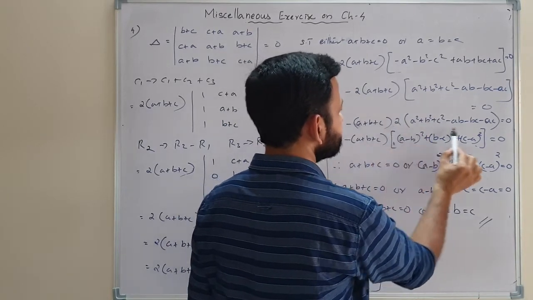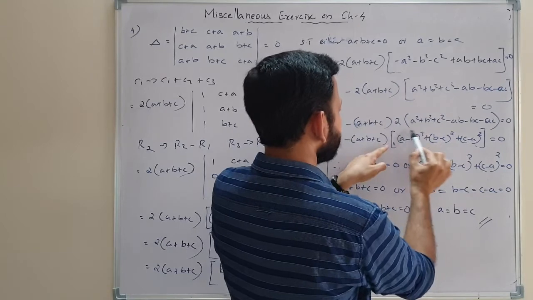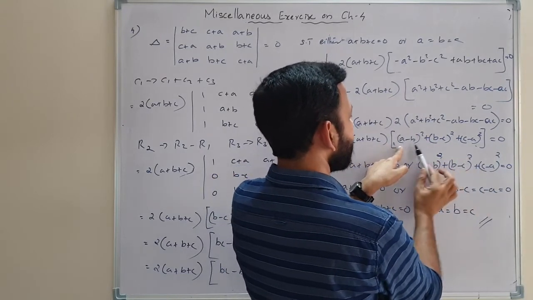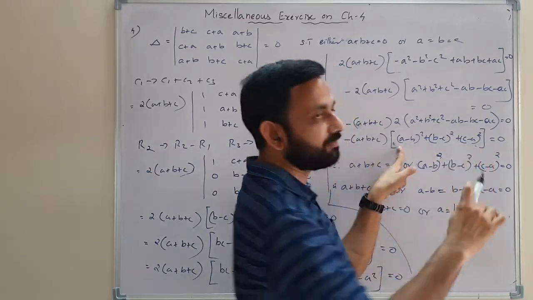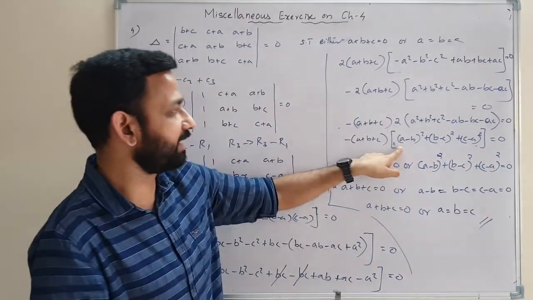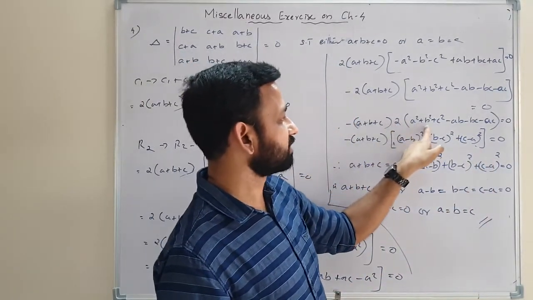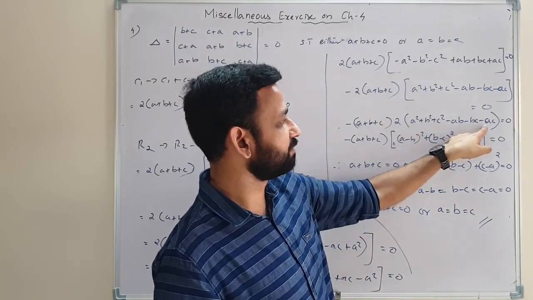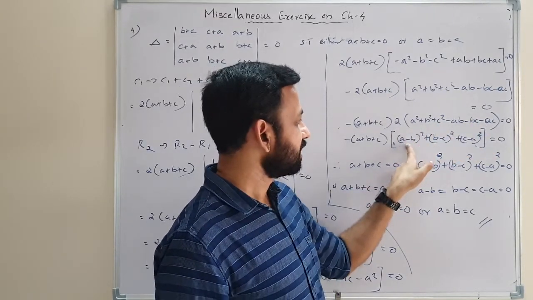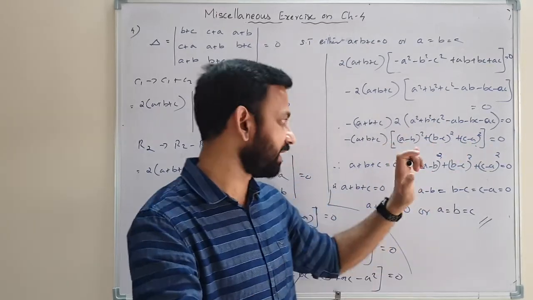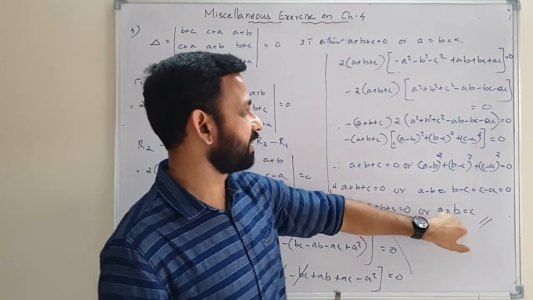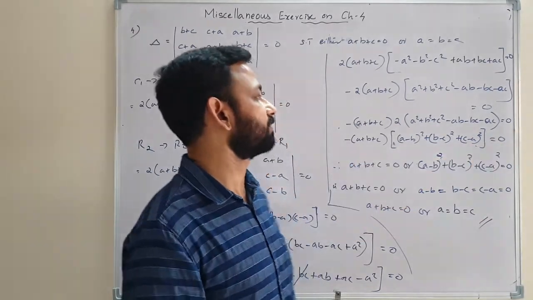The expansion of the sum of the squares of these three terms, both are equal, we already verified. So 2 into (a square plus b square plus c square minus ab minus bc minus ca), and the expression inside the bracket, both of them are equal, I already explained by writing the steps, that is equal to 0.